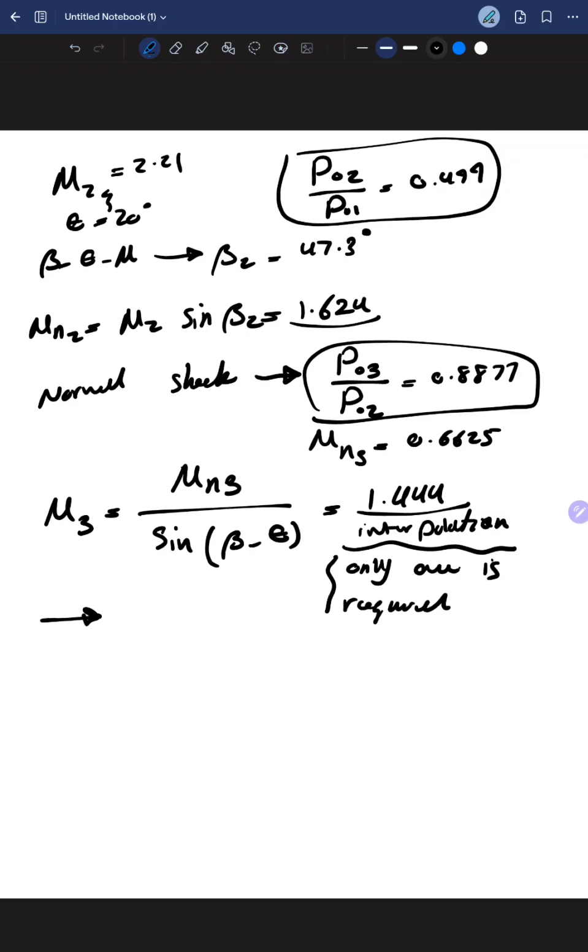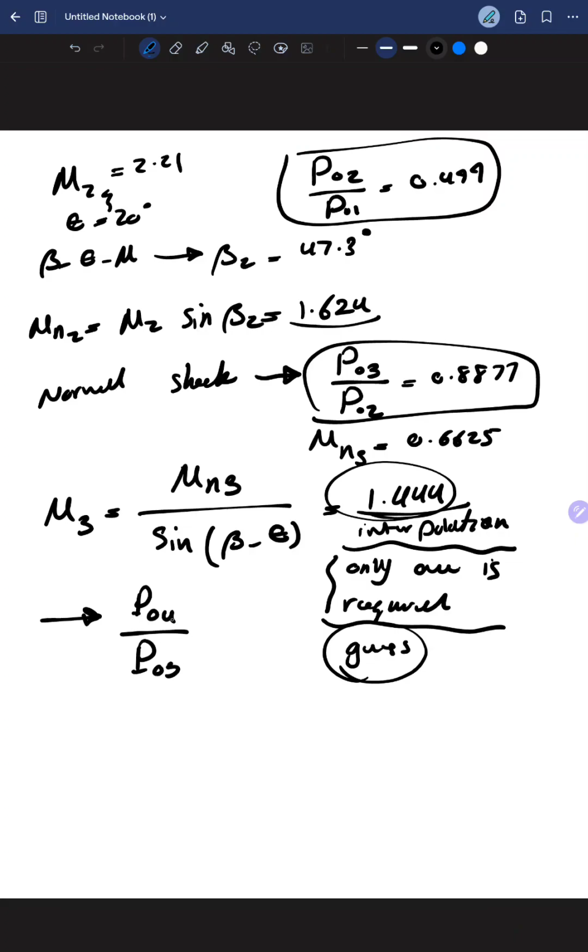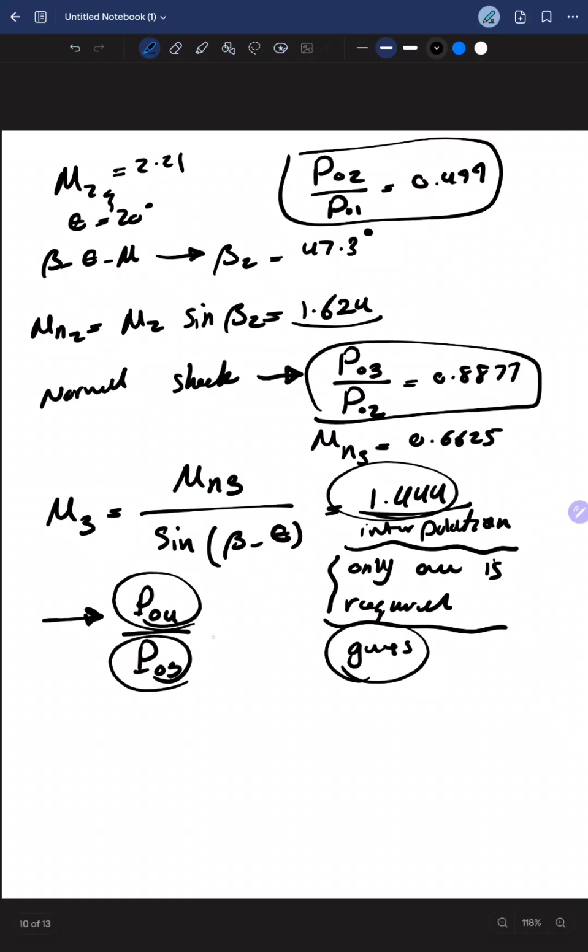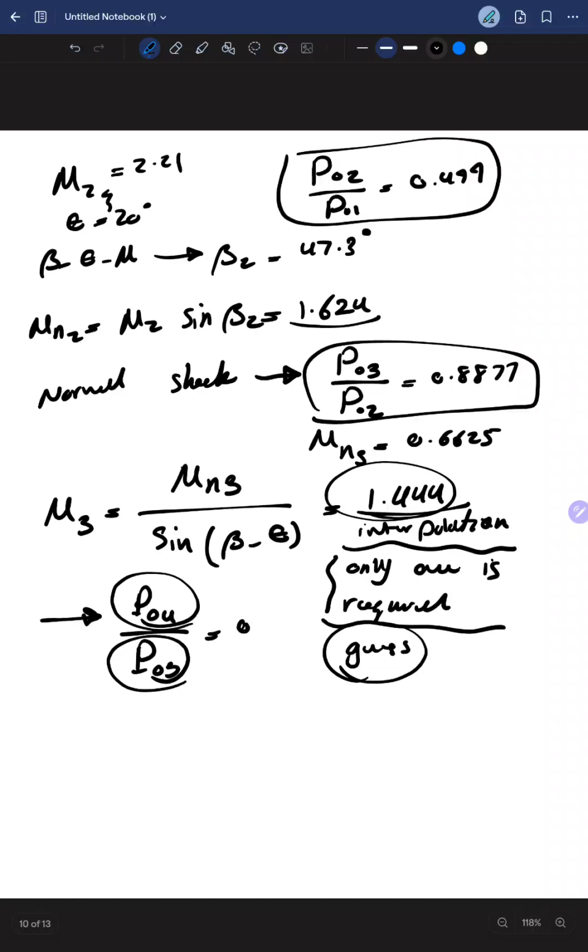The rest of these interpolations are not required, meaning that you can just guess what the value is. It has to be an educated guess, a good guess, but it can be a guess nonetheless. Take this value of 1.44 to the normal shock tables. The total pressure ratio between downstream of the third shock and upstream of the third shock is going to be equal to 0.947.